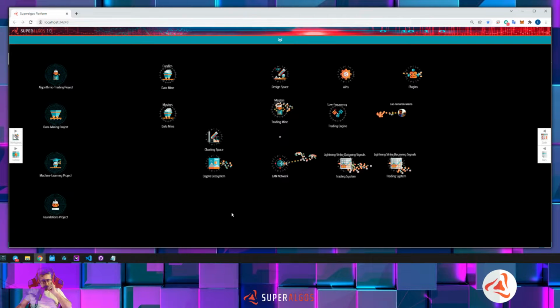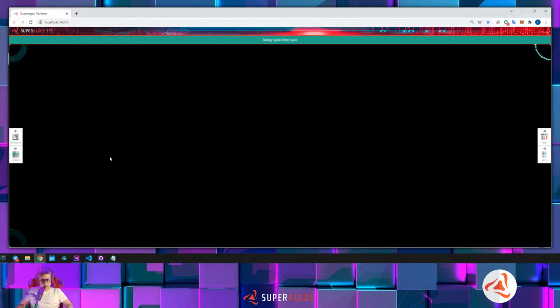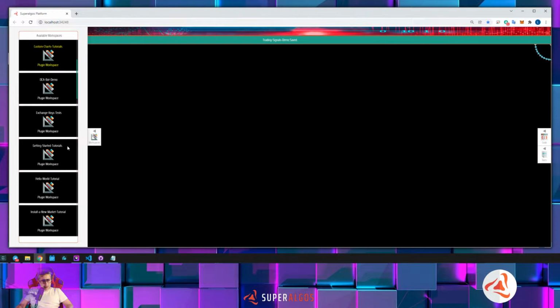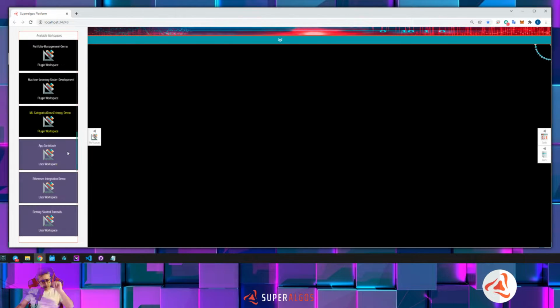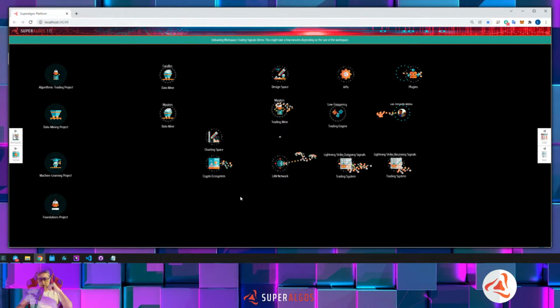I will make myself sure that this runs. So I'm going to use the workspace getting started, that has the original lightning strike strategy without any changes at all. Okay?